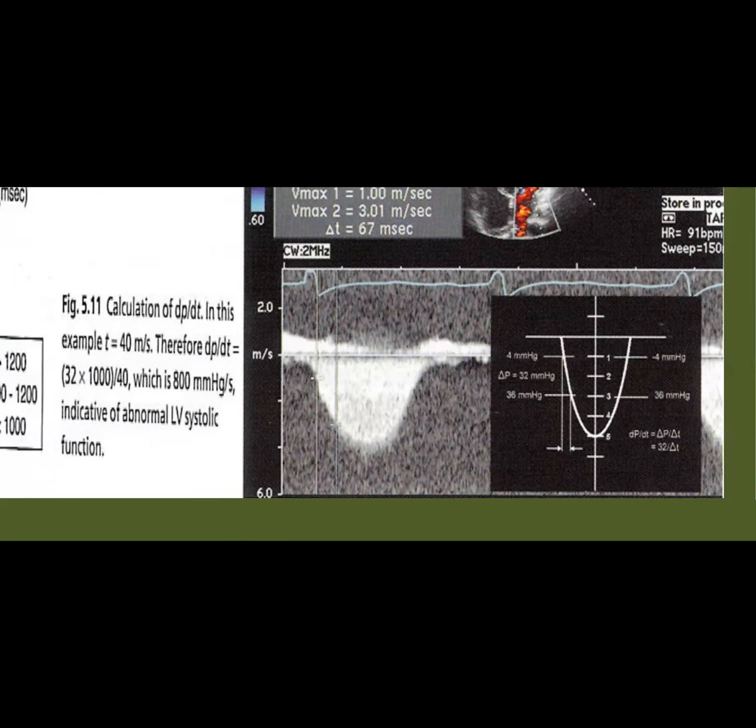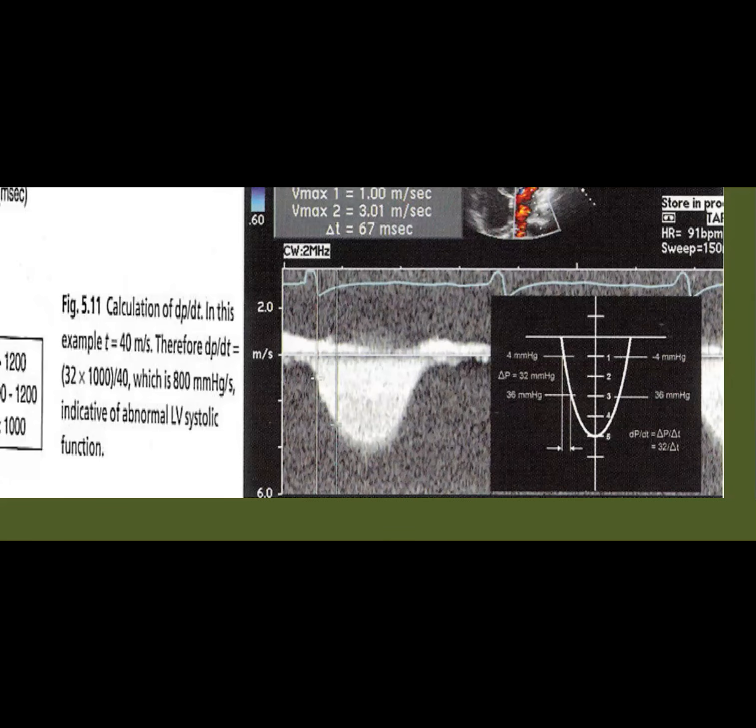At 1, the pressure is how much? 4V1 squared, so it will be 4 millimeters of mercury. At 3, applying the Bernoulli equation, 4V squared will be 36.